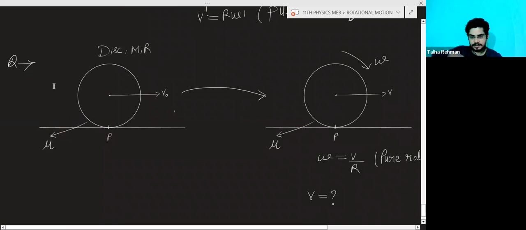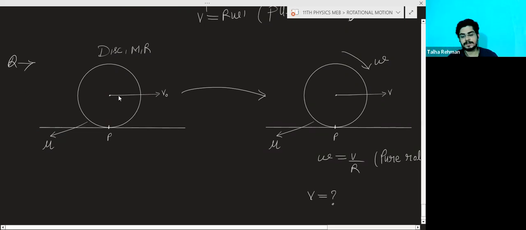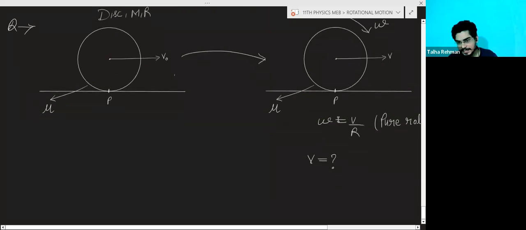Due to that torque there will be angular acceleration, and due to that there will be an increase of angular velocity. Initial angular velocity of this body is 0, but after some time there will be some angular velocity, and then this condition will be achieved.